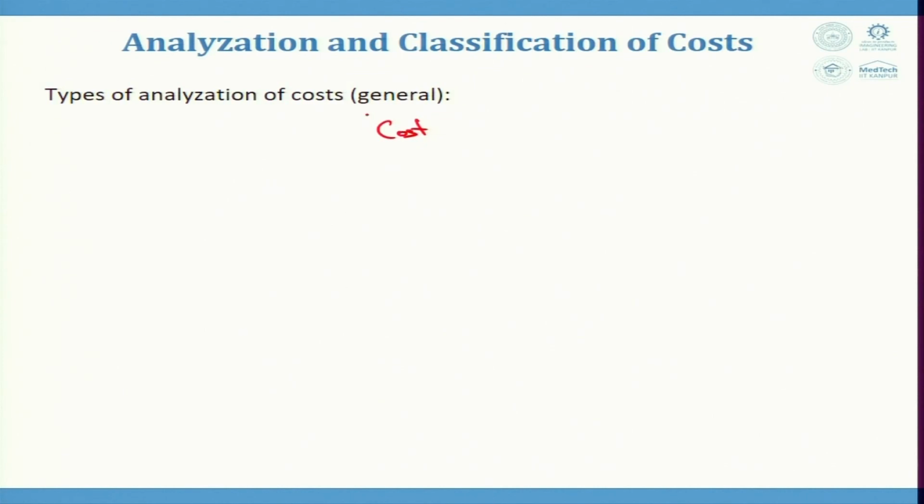If I talk about cost of a product, the cost majorly has two components, direct cost and indirect cost.